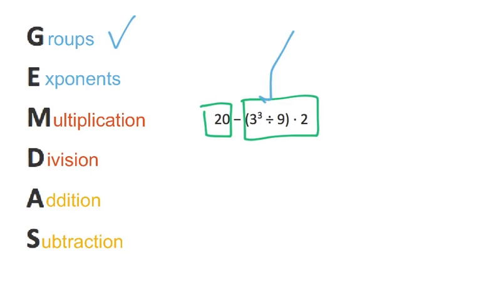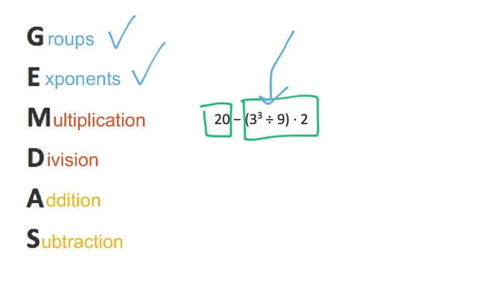So we're going to focus on what's inside the parentheses first before anything else. Now, inside the parentheses, I see an exponent, and I see a division symbol. But what are we going to have to deal with first? My exponents, because exponents come before the division.